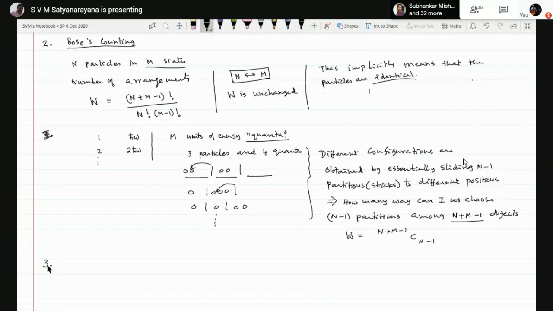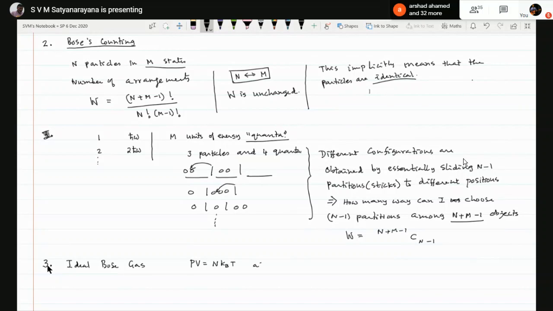When you take an ideal Bose gas at very high temperature, you have PV equal to n kBT. This is your ideal gas equation of state.